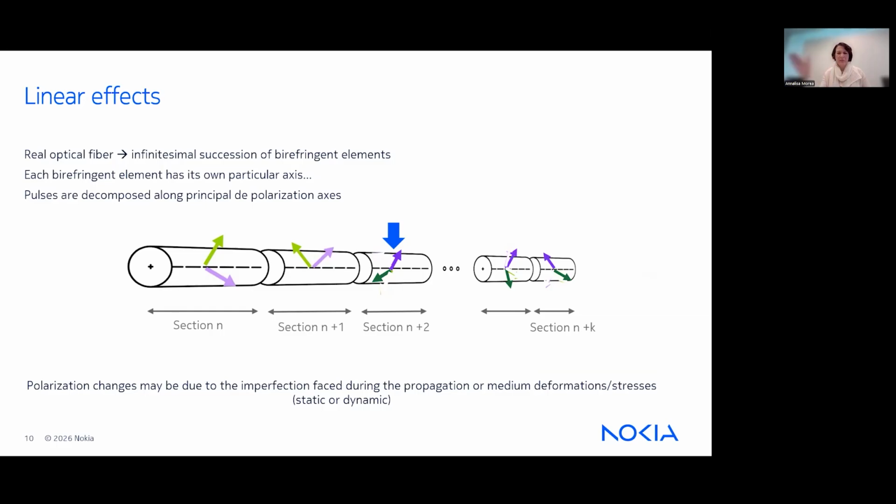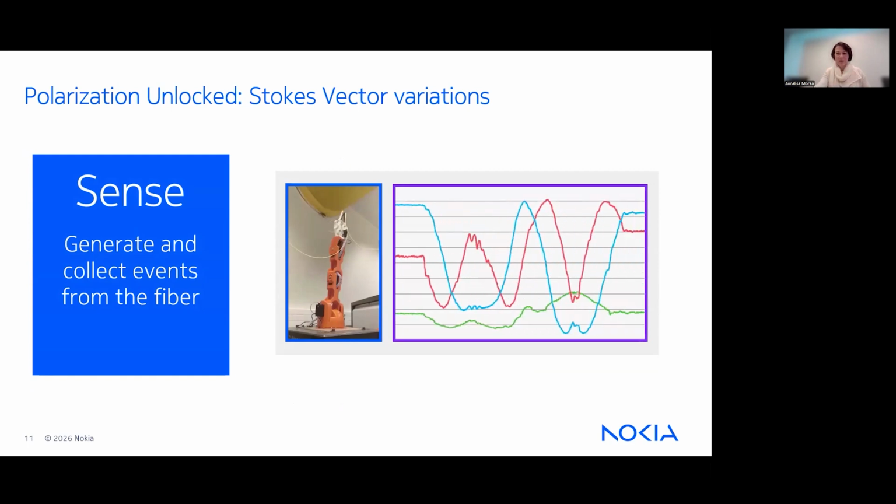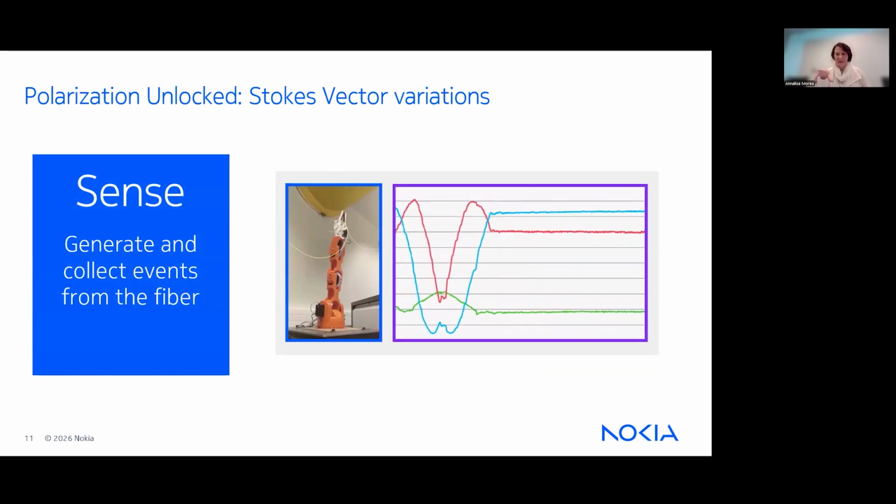Starting from a given point, this polarization will change, and for example at the receiver we will observe and also measure these changes. In this slide we will see how an external stress has an impact on the Stokes parameters, and how it is then possible to recognize this event by observing the 3 SOP values.